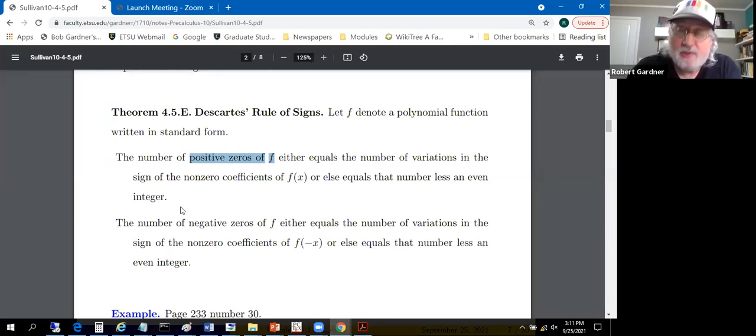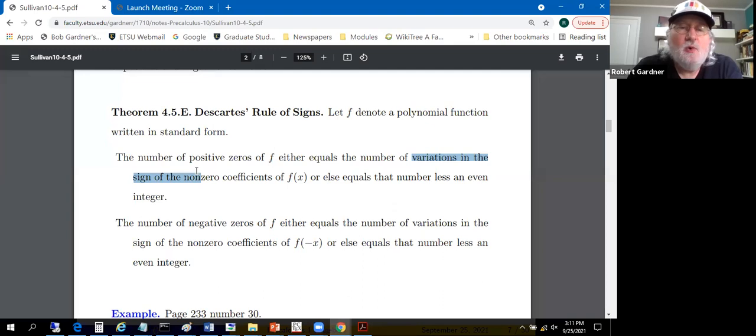Okay, we'll illustrate it with an example, but what they're trying to get at here is write the coefficients out in order. You may skip those that are zero or ignore them, and you're looking for the number of variations in the sign.